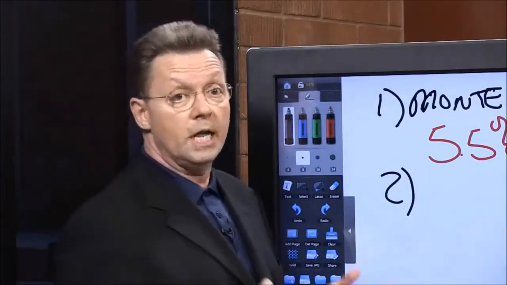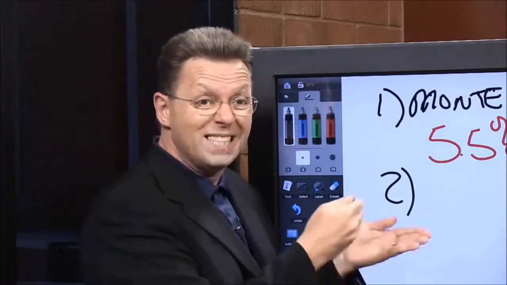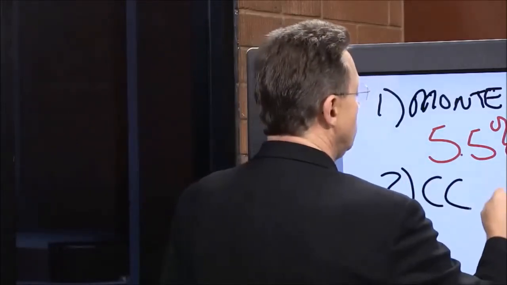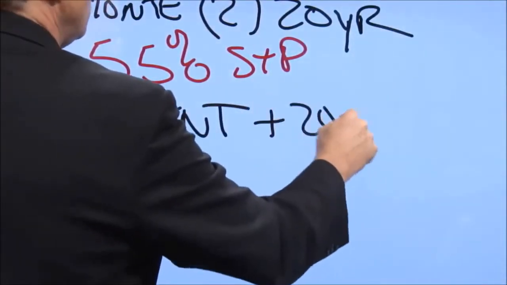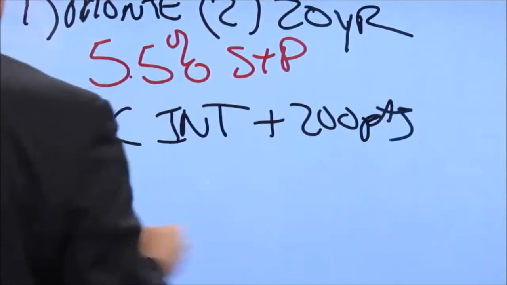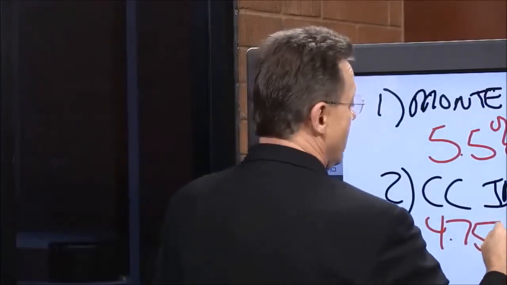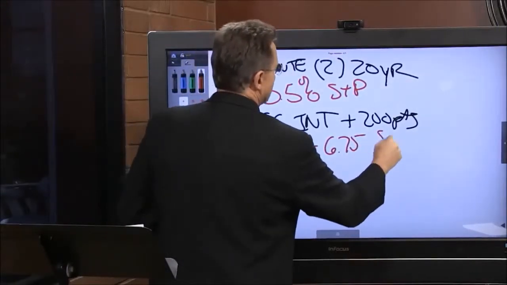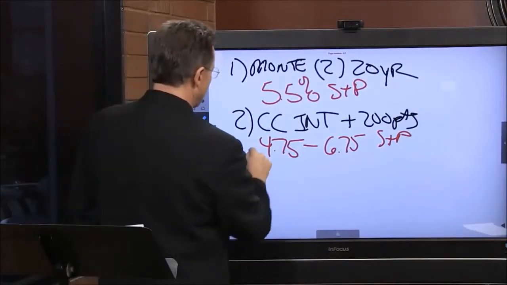So in today's market, if my current company assumption UL is crediting 4.75, then I'm going to take the current company interest rate on regular UL and add 200 basis points. In my example, if the current market is 4.75, then I'm going to credit 6.75 on my proposal for the S&P.